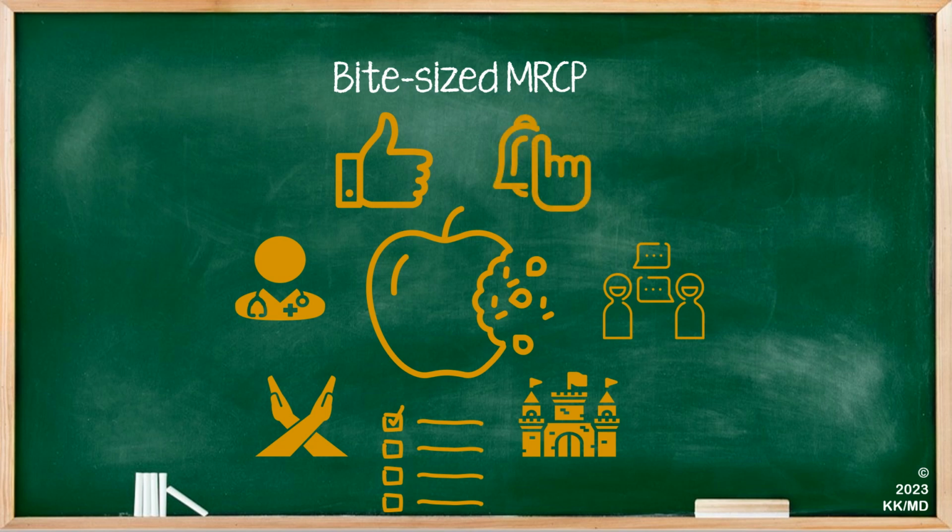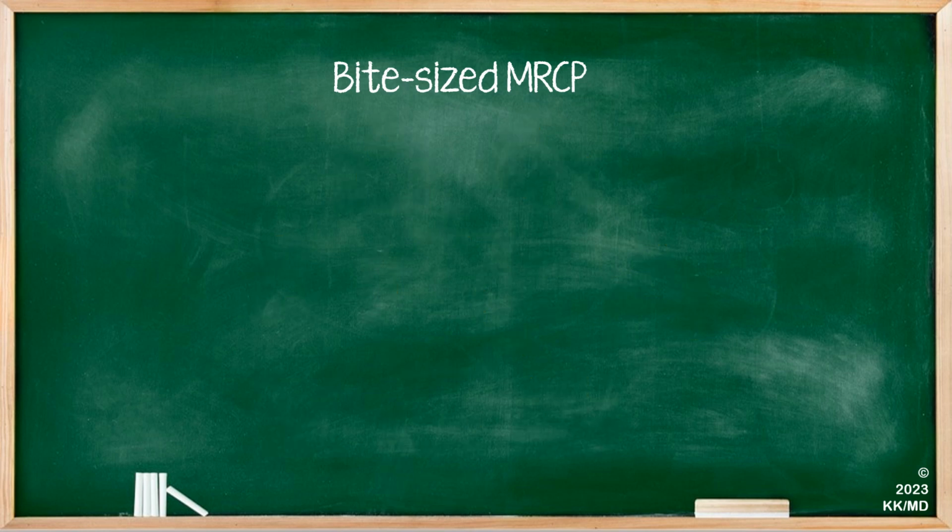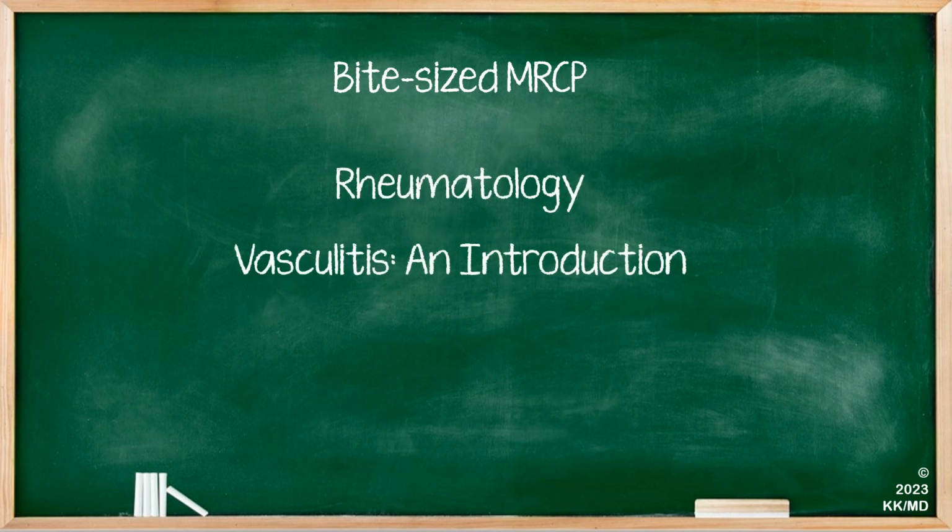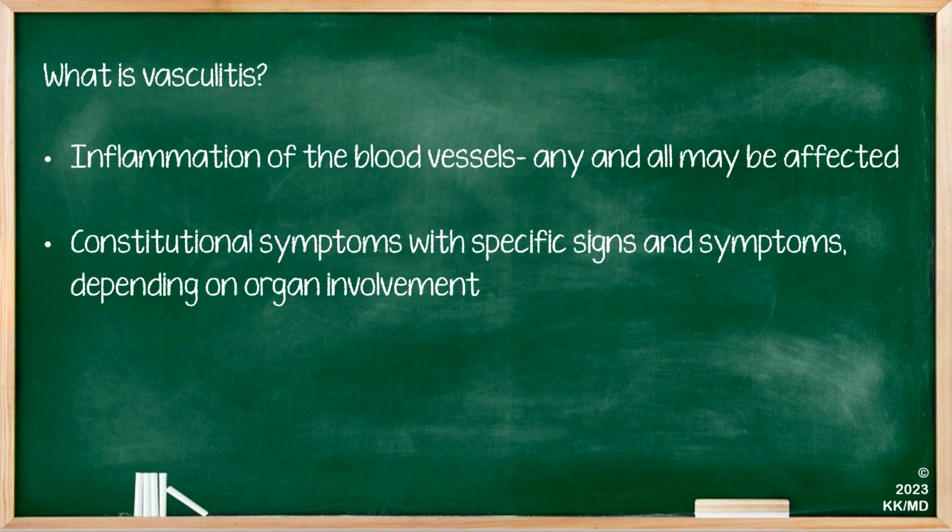Now, without further ado, let's get into today's topic, which is an introduction to our next episodes, which are going to be covering the topic of vasculitis. So, what is vasculitis? This describes the inflammation of blood vessels, and any or all of these may be affected depending on the type of vasculitis which we are discussing.